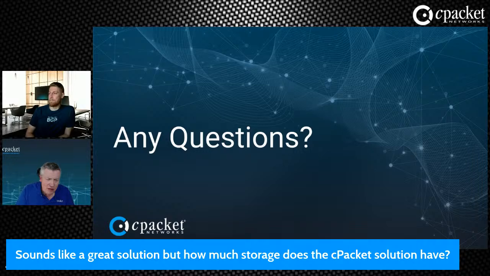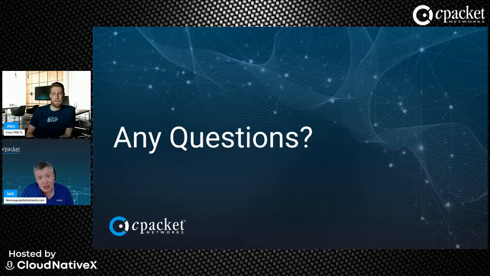This is one I thought we'd answered earlier in the presentation, but anyway, how much storage does the cPacket solution have? I think the way I explained it earlier was in terms of raw packet storage, we go from effectively 48 terabytes for quite a small system, all the way up to, on a single box, 576 terabytes. And if you have the extensible storage, that'll take you all the way out to 2.2 petabytes.